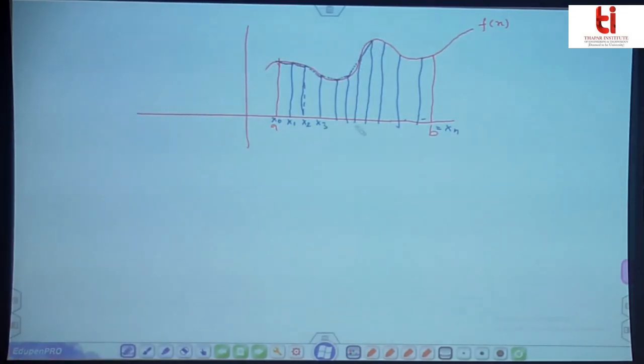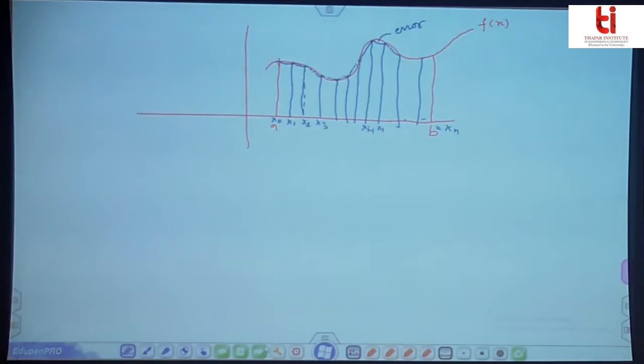Suppose this is xi minus 1, this is xi. The part between is the error. This green line is approximated by the straight line, and red is the function. So we are getting less error in comparison to the previous case.